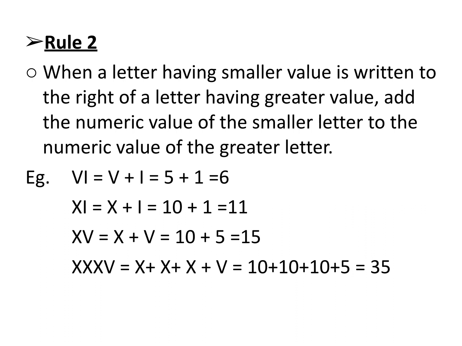Here the smaller value is written right of the bigger value. What is the meaning of this? The meaning is to add the numeric value of the smaller letter to the numeric value of the greater letter. That means we will add these values to get the number.